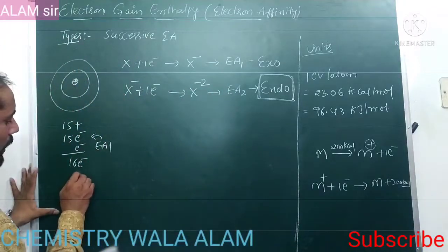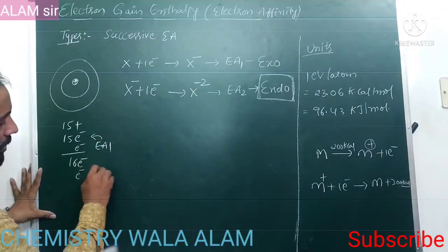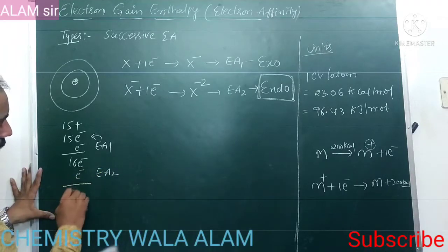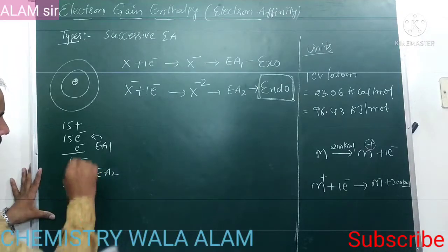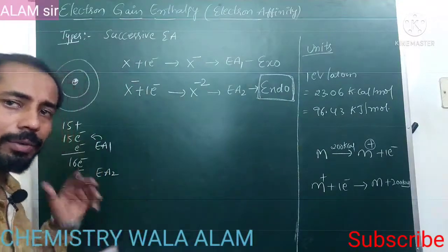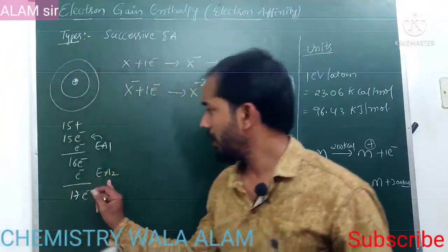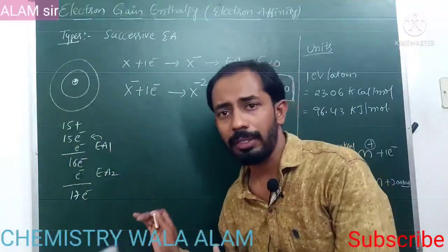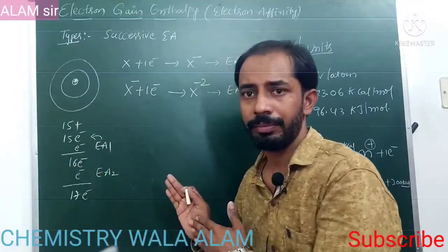Now we are going to add one more electron, so this is called EA2. By this we get 17 electrons. Already it gained one electron, and during that process energy is released.